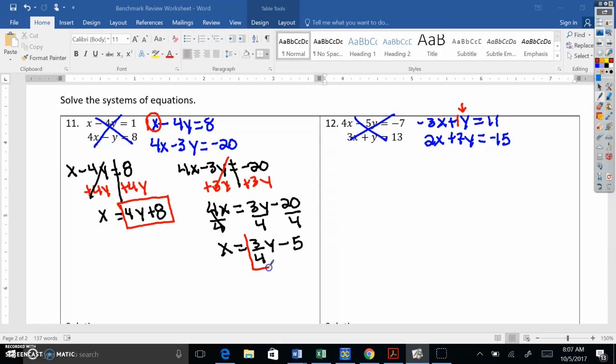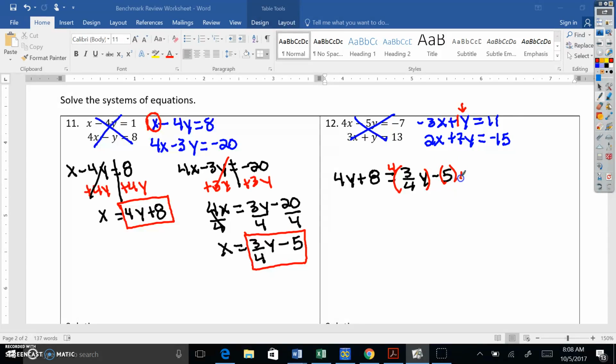Okay, once I box these two, I'm going to set them equal to each other. And I'm going to use the space over here so that you can see better. I'm going to go with 4y plus 8 is going to equal 3/4 y minus 5. So what that means now is I've got a good equation, but I also got a denominator, which means I got to get rid of it. And I'm going to clear it by multiplying by the denominator, 4.